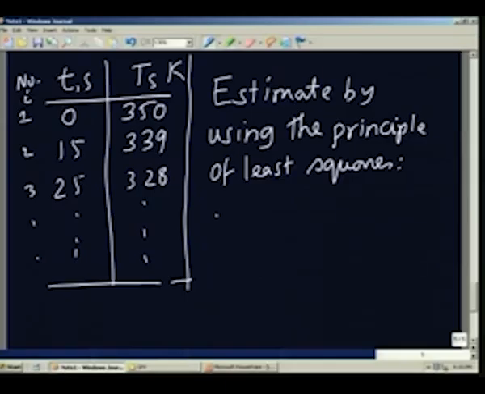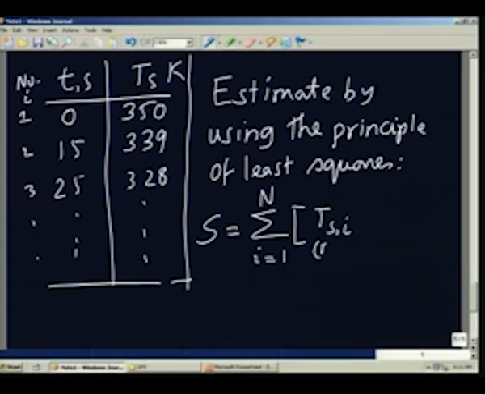I will take the sum of the squares of the following form: S equals the sum from i equal to 1 to n of (Ts_i measured minus Ts_i assumed with epsilon) whole squared.